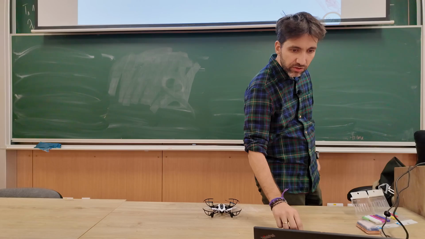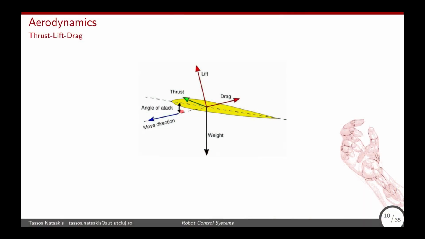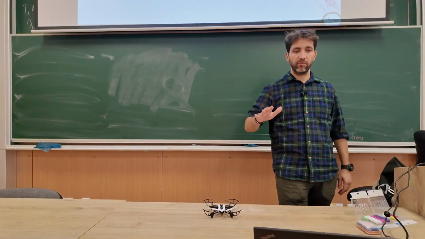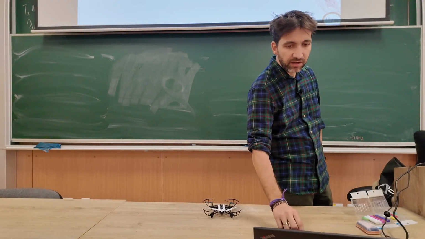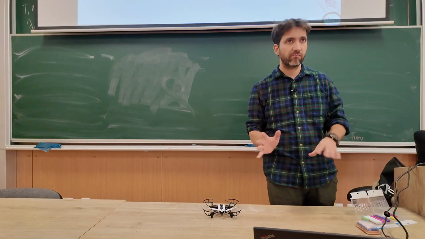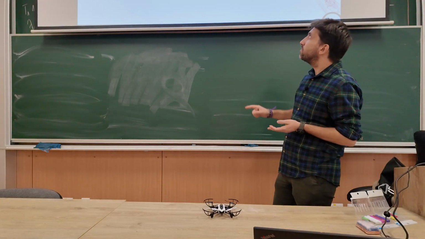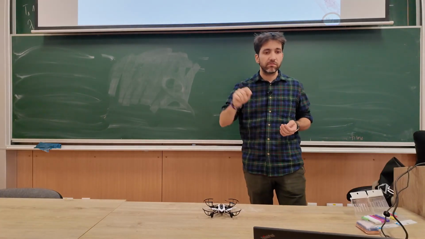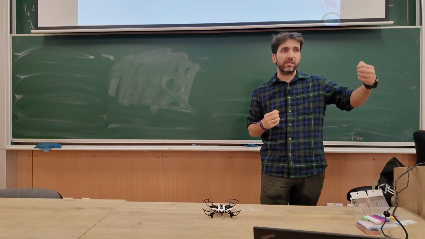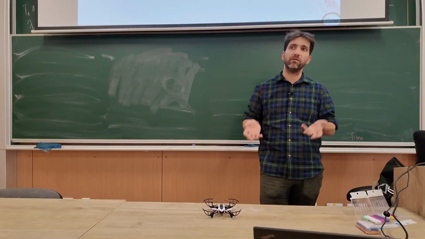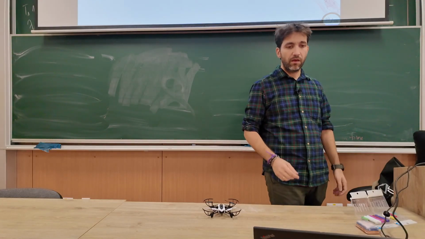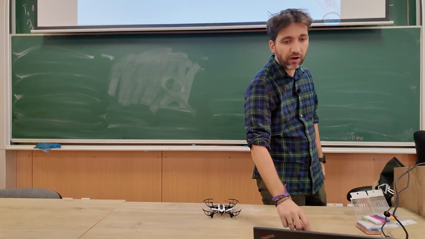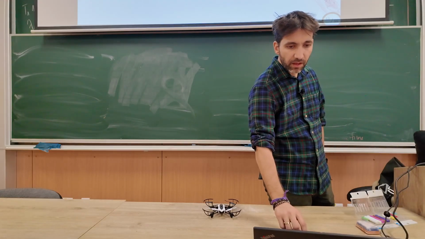Based on how we set the angle of attack and the movement direction, we try to keep the lift opposite from the weight. If we sum all these forces, we end up with one resulting force, and the sum of all the forces will dictate which way the airfoil eventually will move.